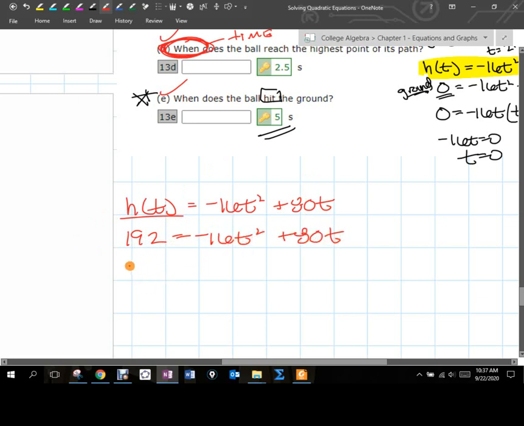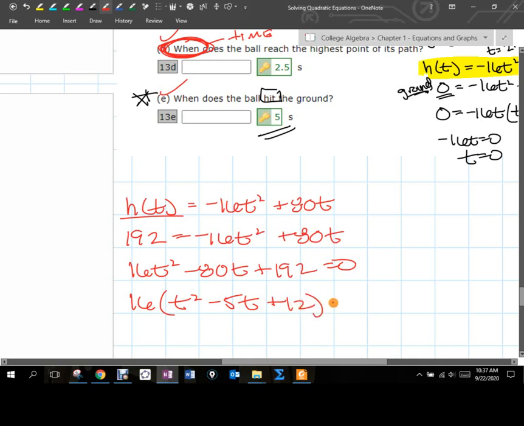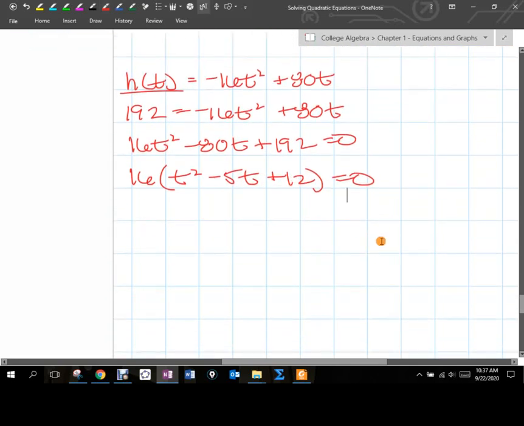going through the same process as before, we're going to factor now. 16t squared minus 80t plus 192 is equal to 0. 16 factors out again. I get t squared minus 5t plus 12 equals 0. And the idea then is, are there two numbers that multiply together to give me 12 but add to give me negative 5?